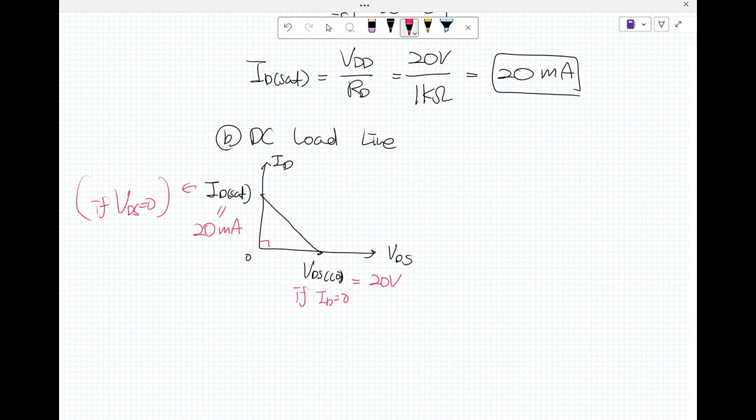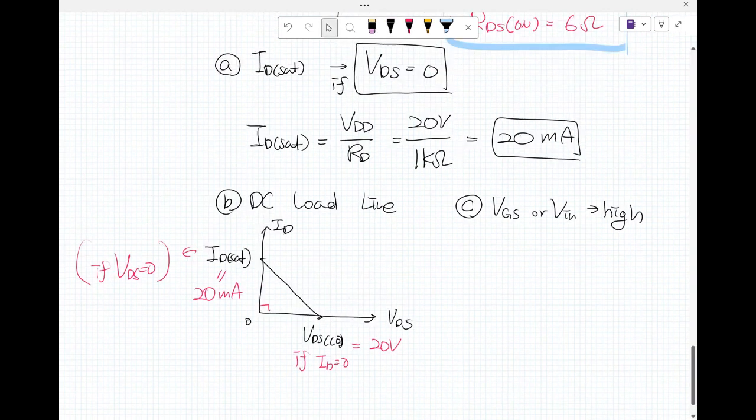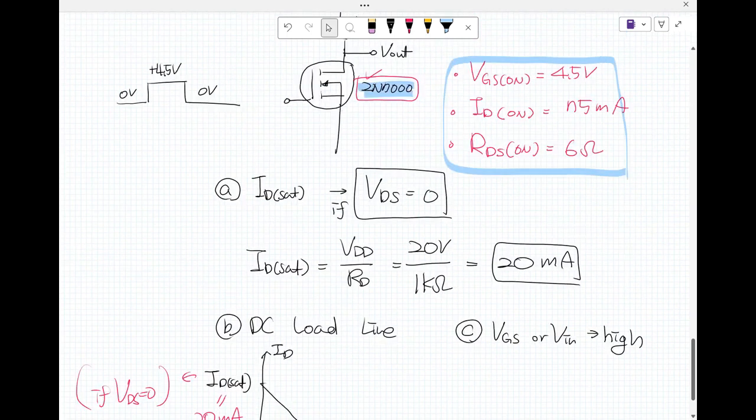So the gate-source voltage, maybe the input voltage, is high. The high means, go back to the graph here. Okay, that was V sub GS, the input here.